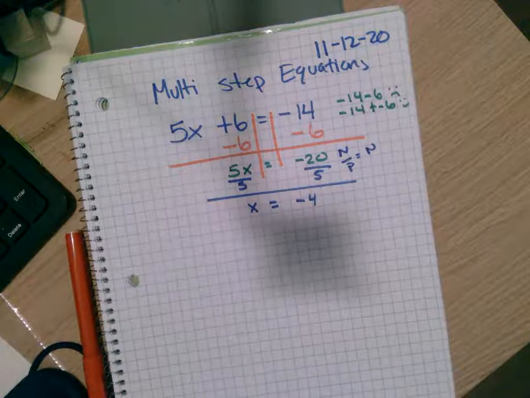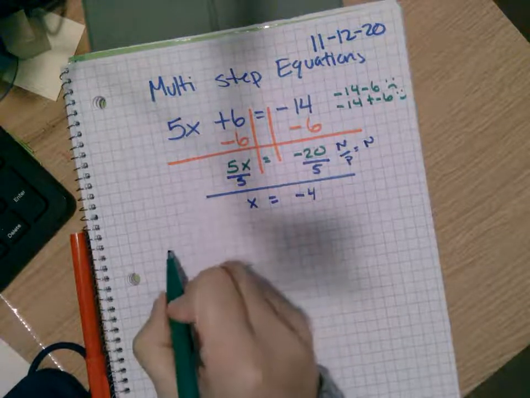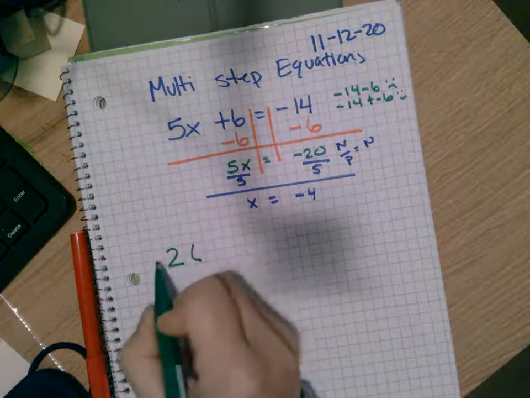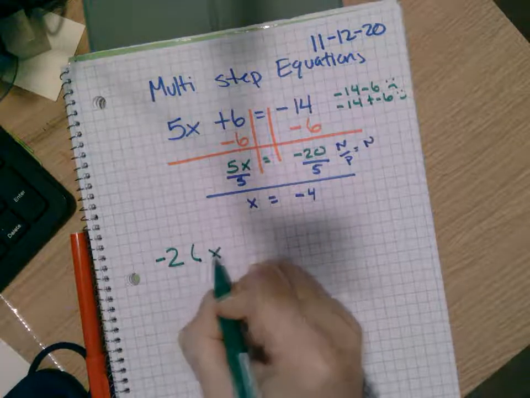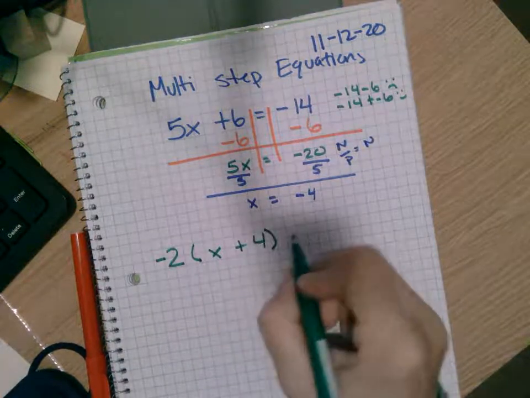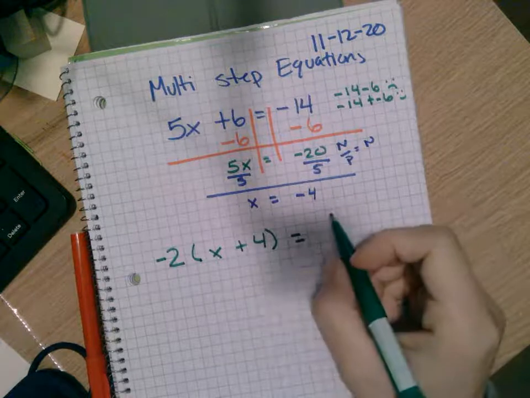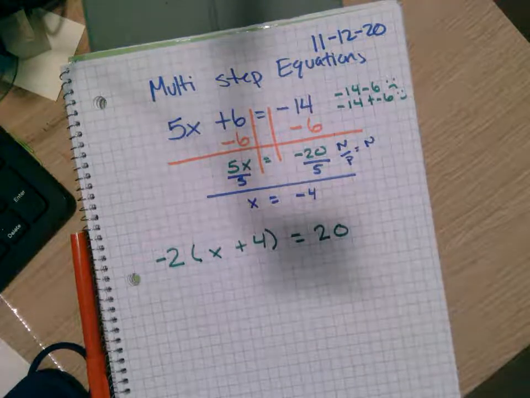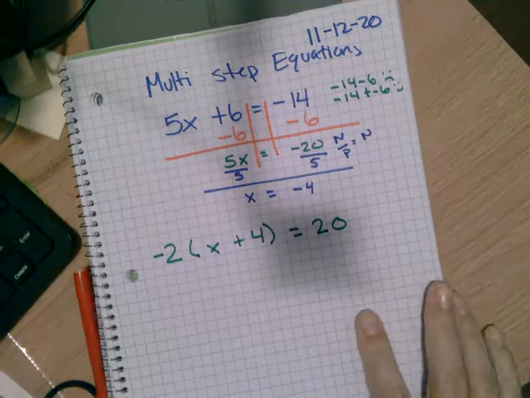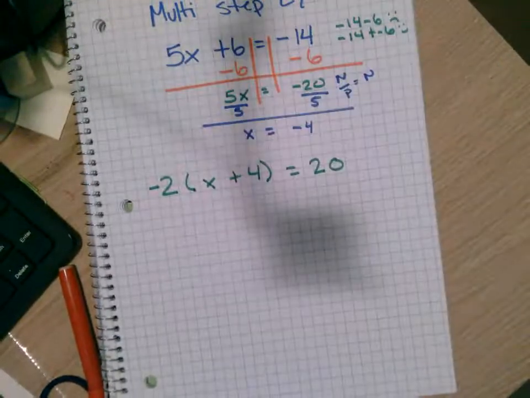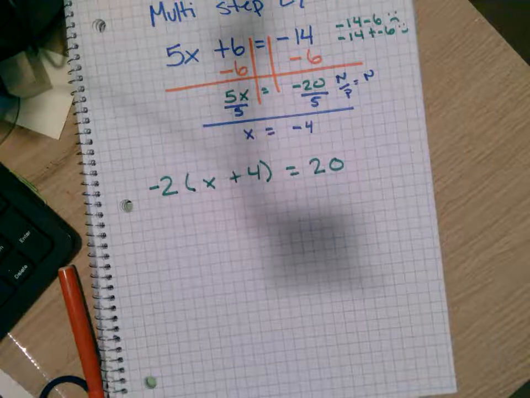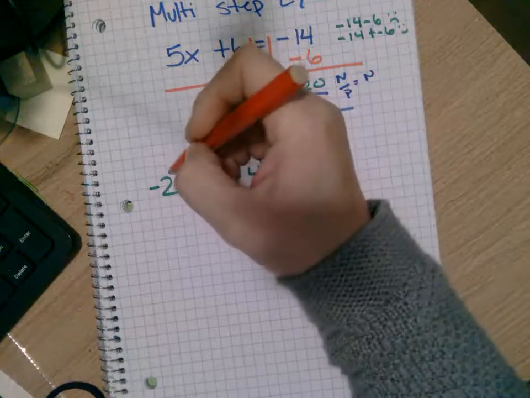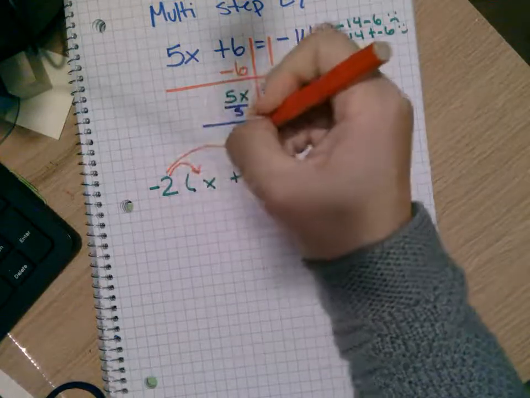Okay. So let's say we have 2 parentheses. Well, you know what? -2 parentheses x plus 4 is equal to, let's say, let's do 20. So what we learned on Monday was that we first had to distribute the -2 to everything inside.